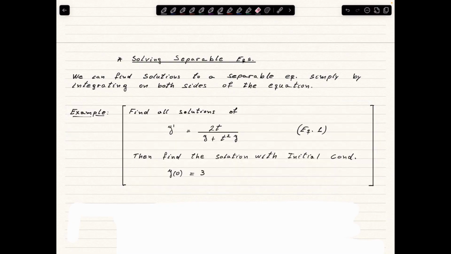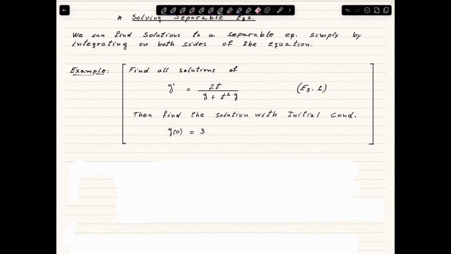We are going to see that in an example. Find all solutions of this equation. Notice that it's not written as separable right now, but it's very easy to transform it into a separable equation. And then from all the solutions, find the solution with initial condition y at 0 equals 3.